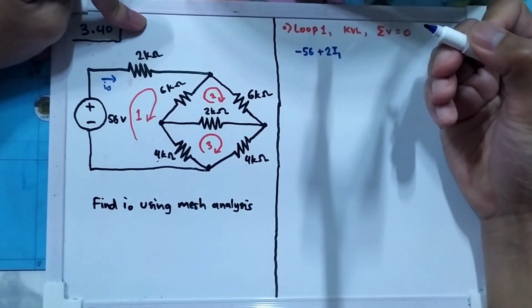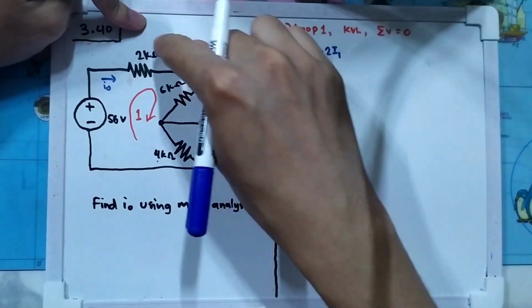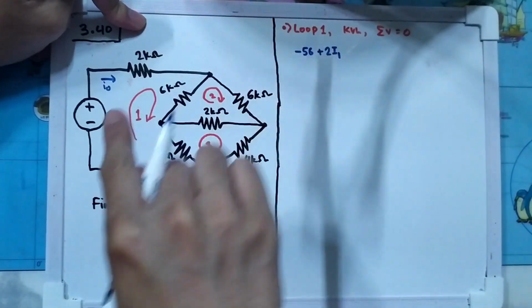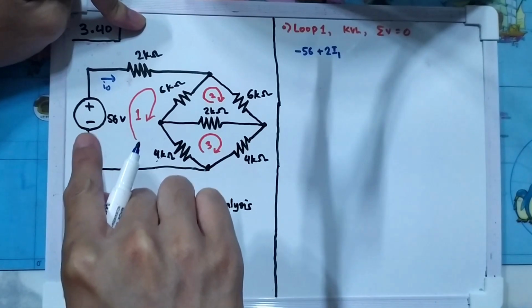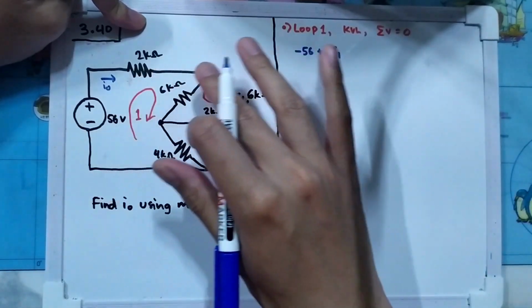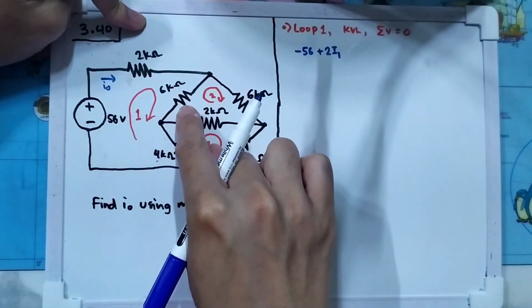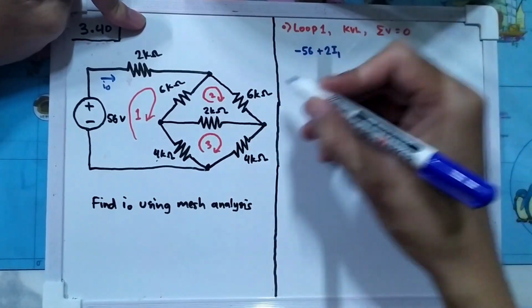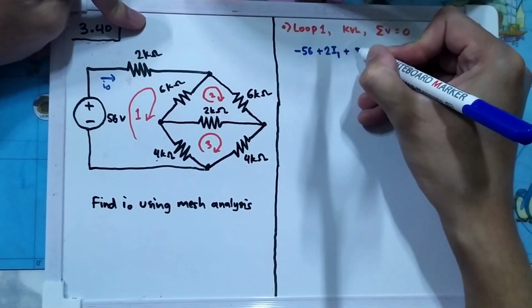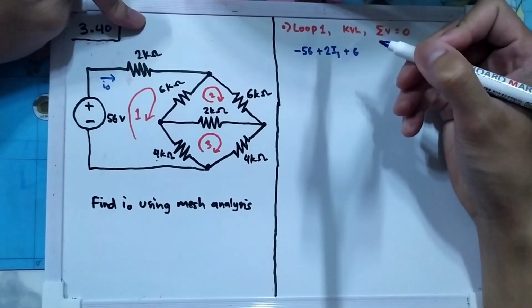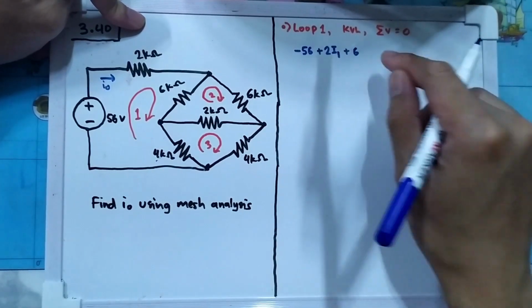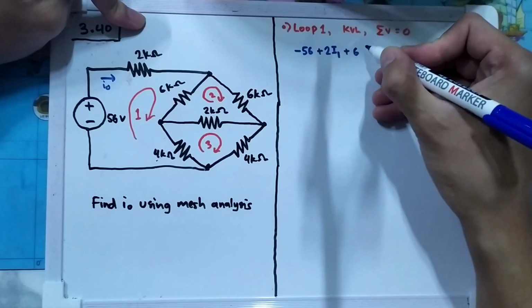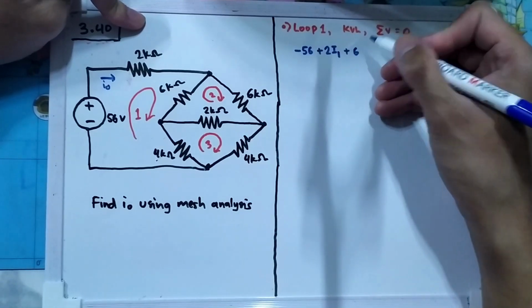Remember that the unit is kilo ohm, so the unit of the current should be in milliampere. And let's move on to the 6 kilo ohm resistance. So it's 6 kilo ohm, and we need to convert it to voltage by multiplying it with the current that passed through it.